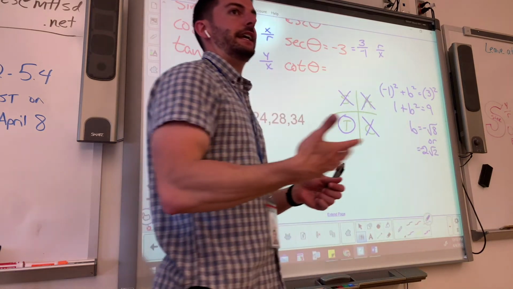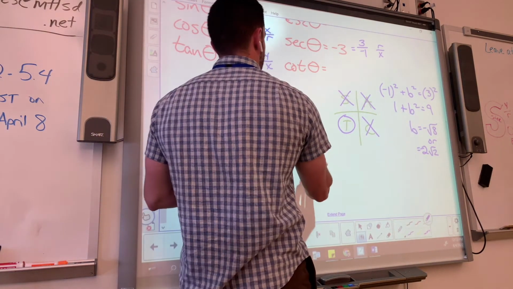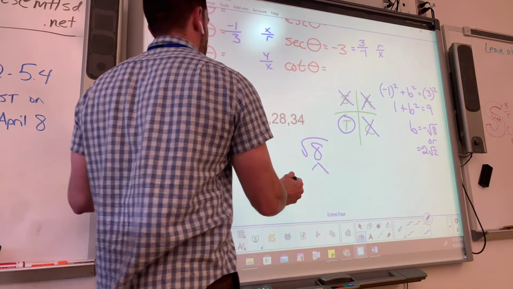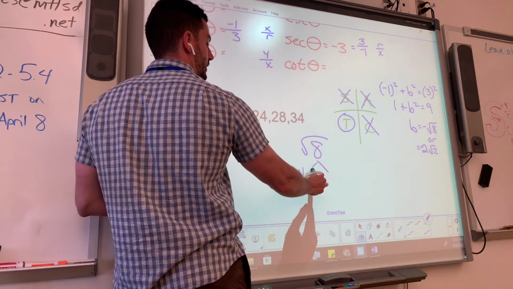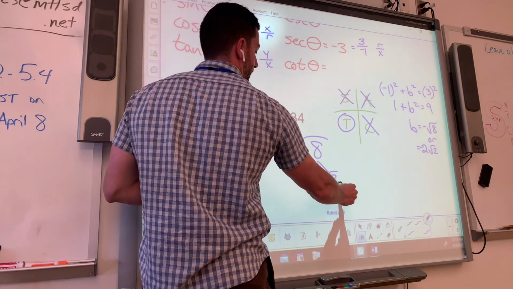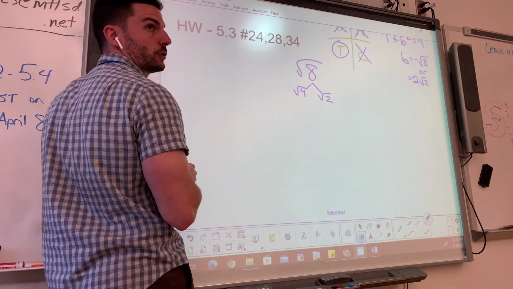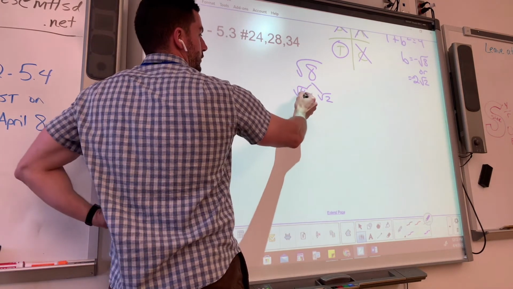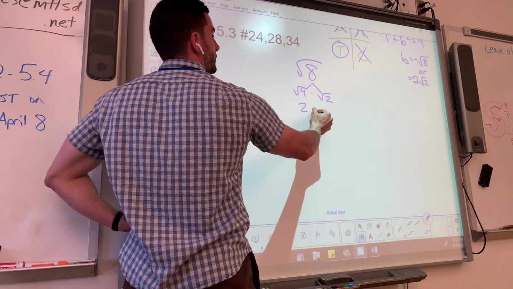Because 8 has a perfect square factor of 4. Really, simplifying radicals is just knowing your perfect squares, and the square root of 4 is just 2.